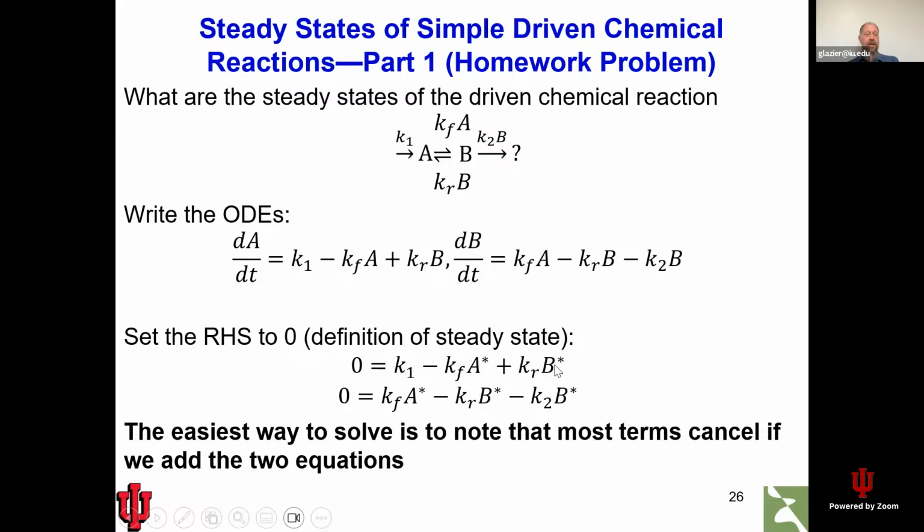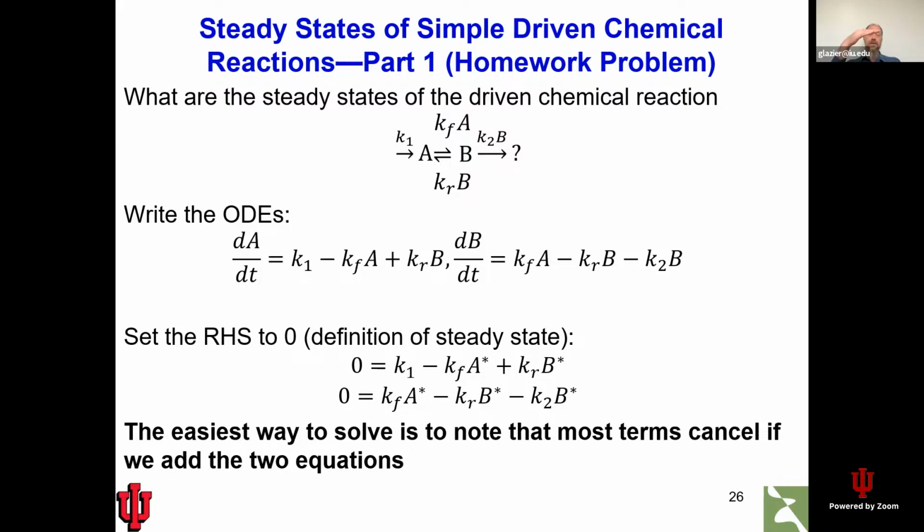Kr times B star, Kr times B star. So you'll see pairs. Every arrow will create a pair of terms which look the same. Now, if there were stoichiometry, one would have a 3 in front of it and one would have a 2, so it might not be so obvious here. But here they're pretty obvious. And you'll notice that most of these terms are going to cancel.